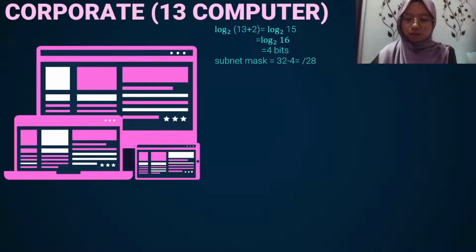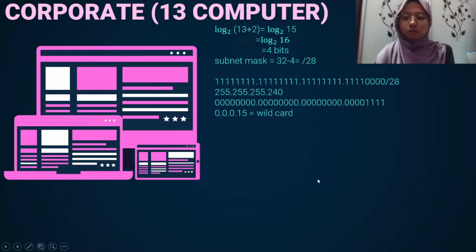So then we go through the subnet mask. The formula for the subnet mask is 32 minus the bits borrowed. So 32 minus 4 equals 28. So this is /28.